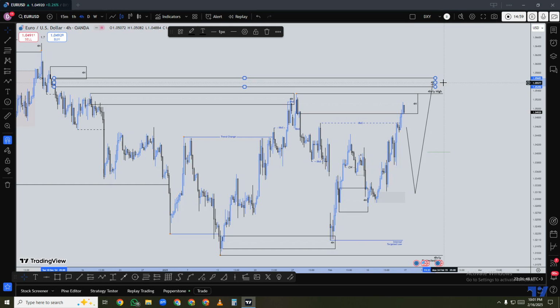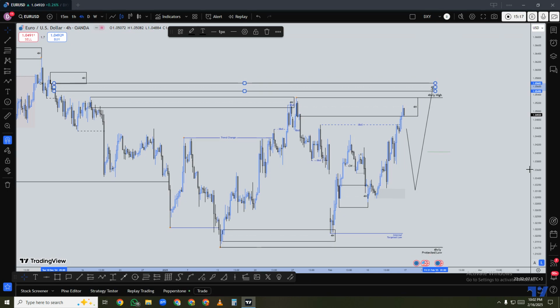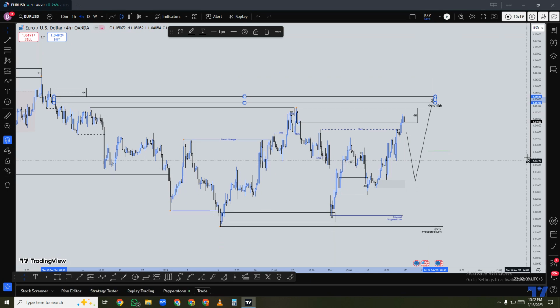And this EURUSD compared to GBPUSD presents, not a very accurate, but structure wise it looks very, very nice.